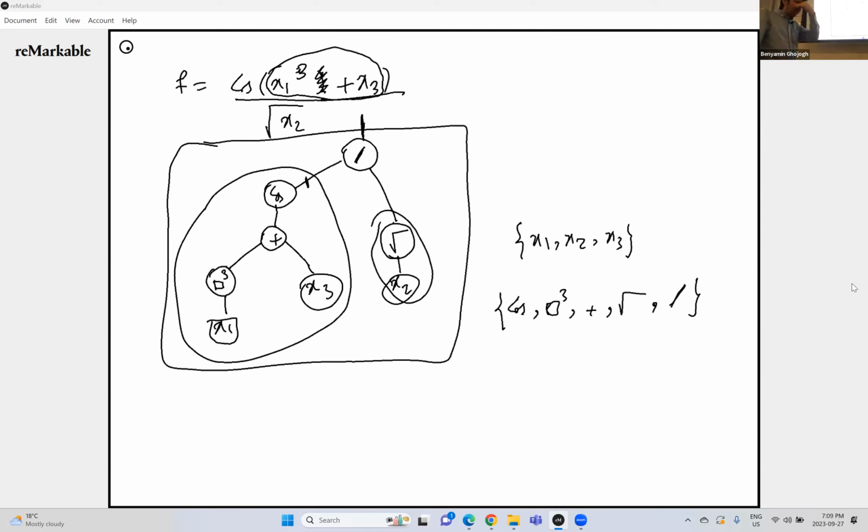So any terminal node is a member of the terminal set. Also, any non-terminal node is a member of the function set, right? Okay.